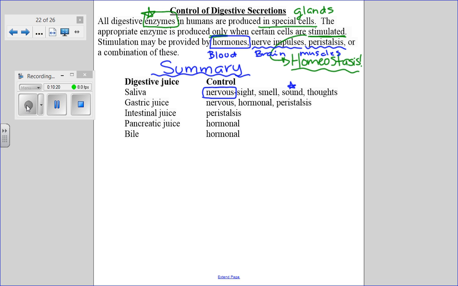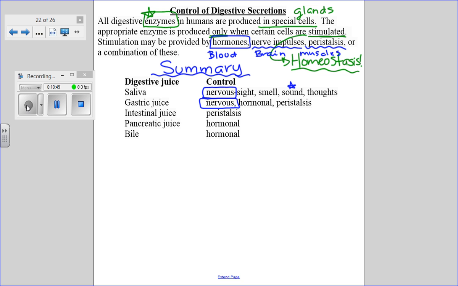Now, gastric juice is under nervous control as well, but by a different means. I'll show you on the next page when I show gastric juice in a bit of detail. There is a huge nerve, the vagus nerve, that runs all the way from your brain down to your stomach. It's one of the longest nerves that you have. And so there are automatic signals sent from your brain to your stomach to start producing substances.